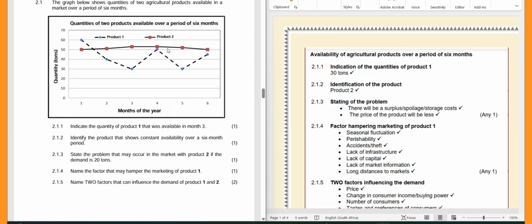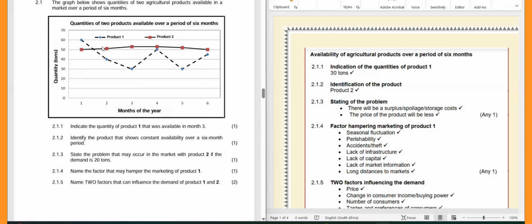This one has the fluctuations. Product 1 has the fluctuations, but product 2 is not that constant, but it tries to be constant. As you can see, the line tries to be straight, but it bends a little bit, but it tries to be constant. So between product 2 and product 1, product 2 is better. It's the one that looks constant. It's the one that is constant because there's not much variation.